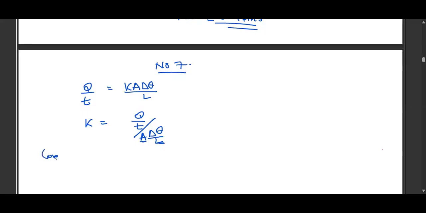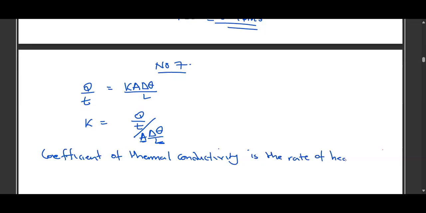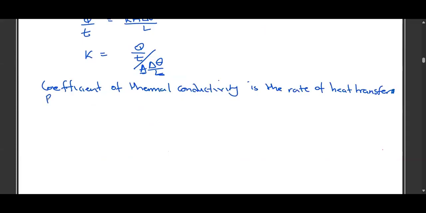So coefficient of thermoconductivity, based on that formula here, is the rate of heat transfer per unit cross-sectional area per unit temperature gradient.